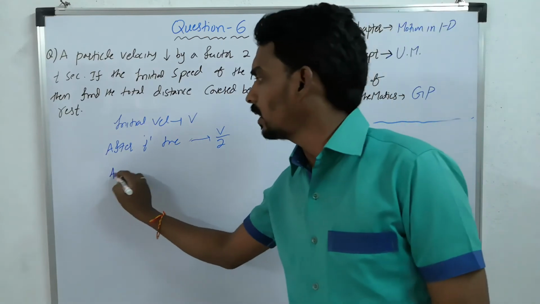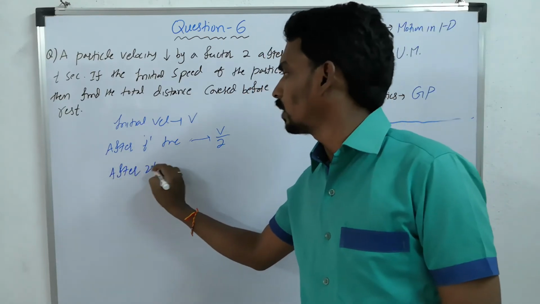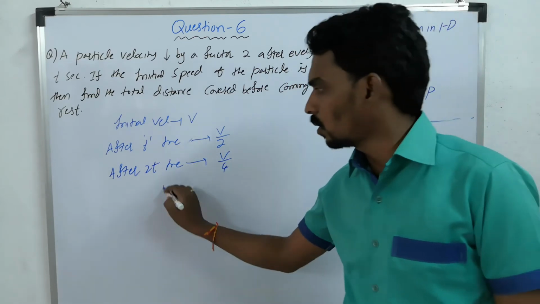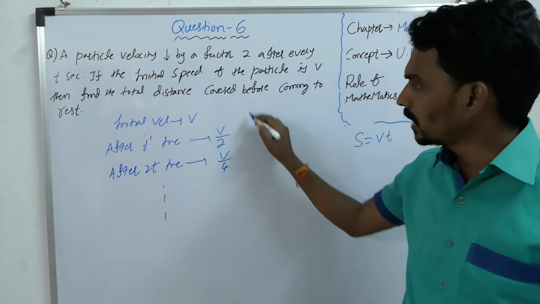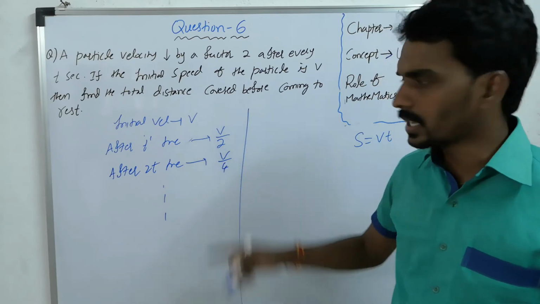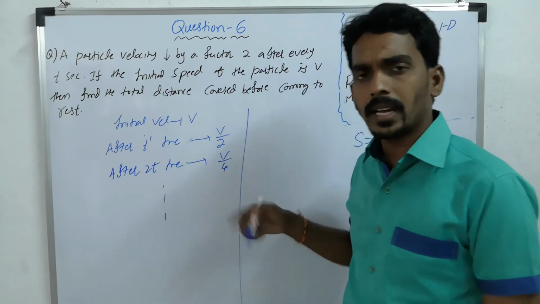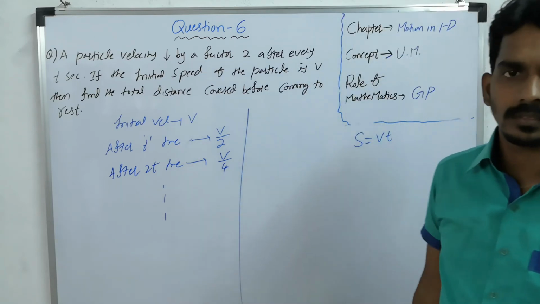Then after 2t time, it will become v by 4. So the velocity keeps on decreasing like v, v by 2, v by 4, v by 8, v by 16, and so on.